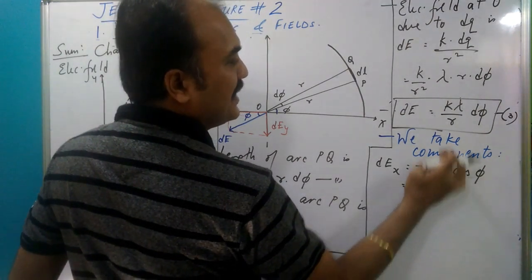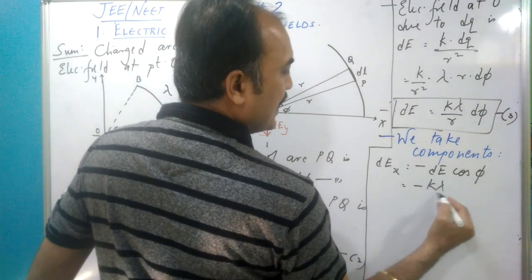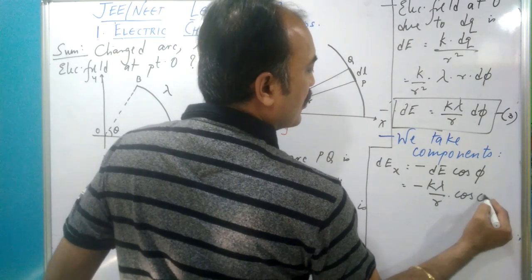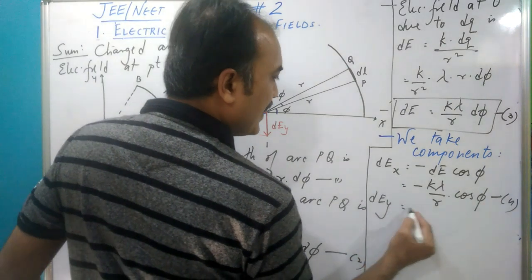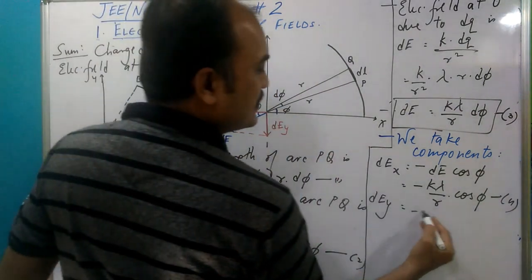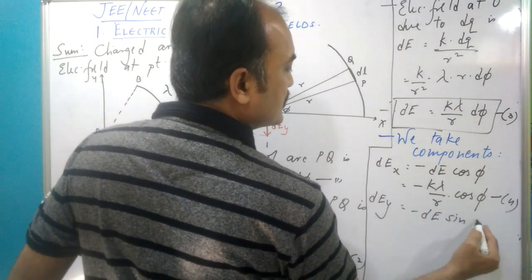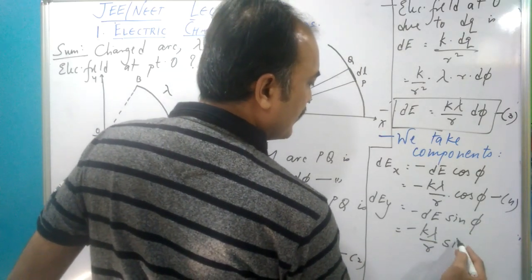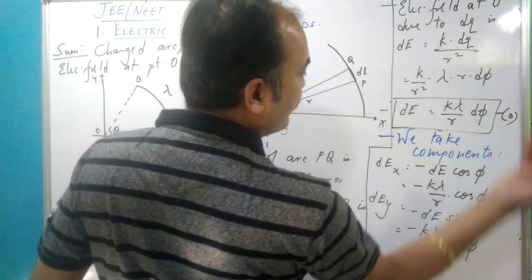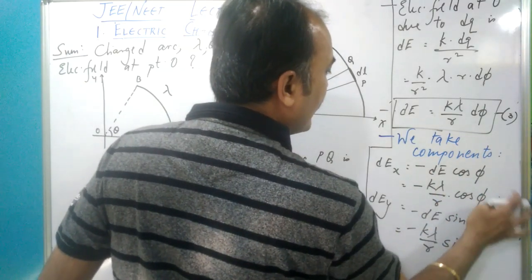I'm going to put dE here, so minus k lambda by r cos phi, and dEy again minus dE sin phi, which is minus k lambda by r sin phi. Where is d phi, people? You have forgotten d phi.